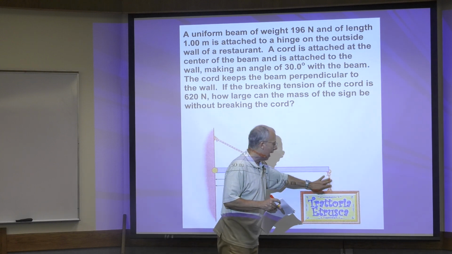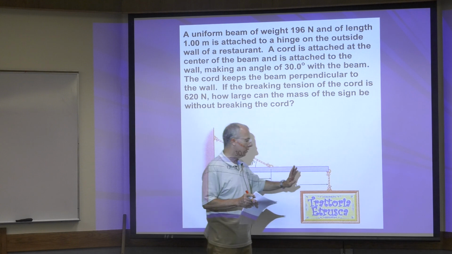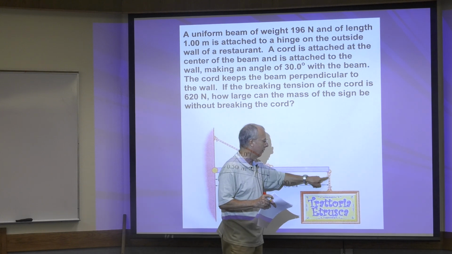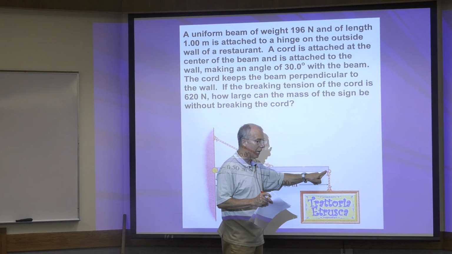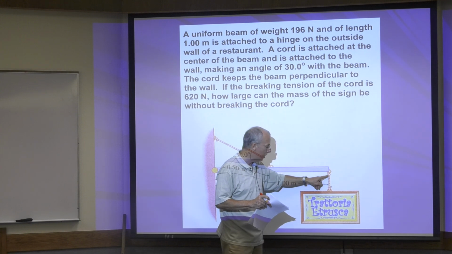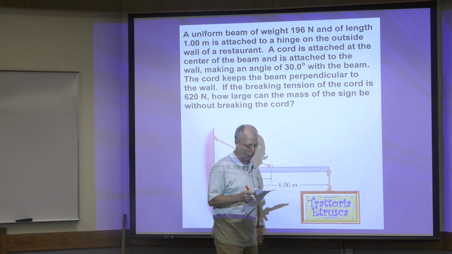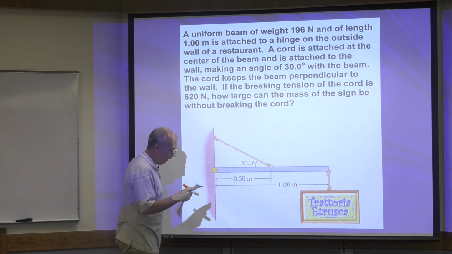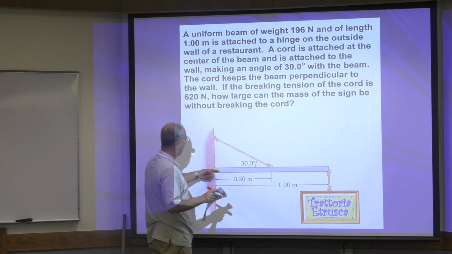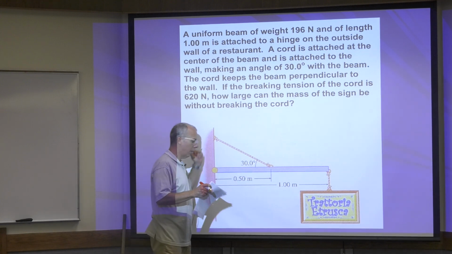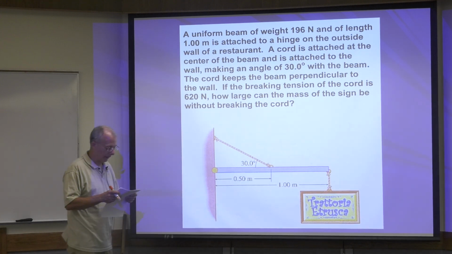We have the weight of the sign. Now, technically, the tension is pulling down on the sign. However, the tension is equal to the weight of the sign. So we're just going to forget about tension. We're just going to say the weight of the sign. And we have normal forces. We have the rope. All sorts of good things.